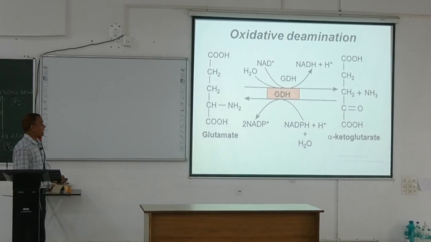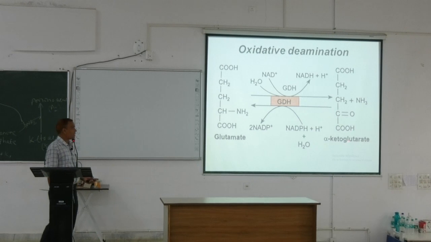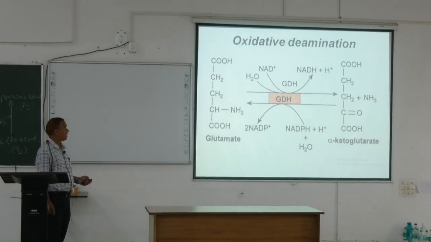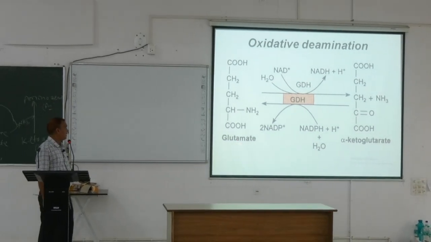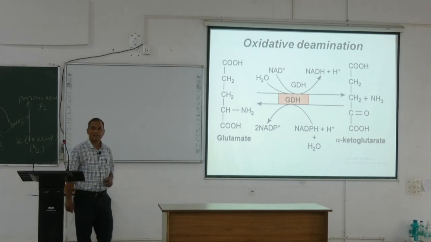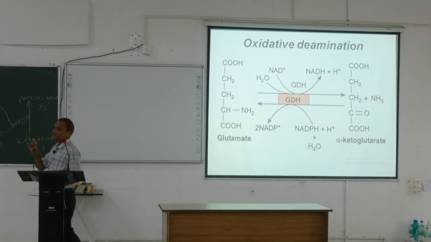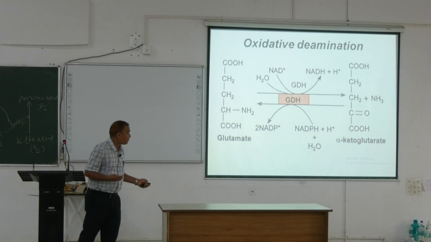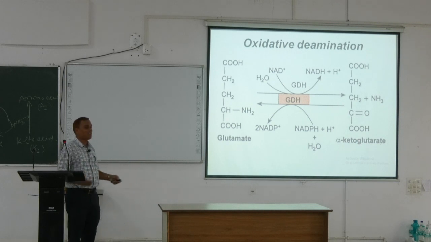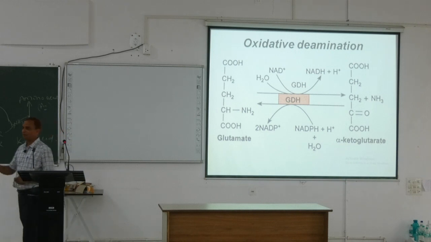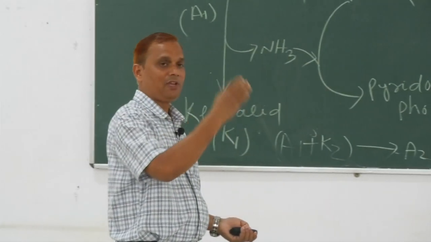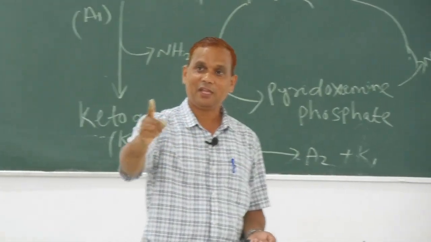This is the glutamate dehydrogenase. Okay, glutamate will convert to alpha ketoglutarate with NADP. Sorry, NADP is a reference coenzyme. It is a unique enzyme.